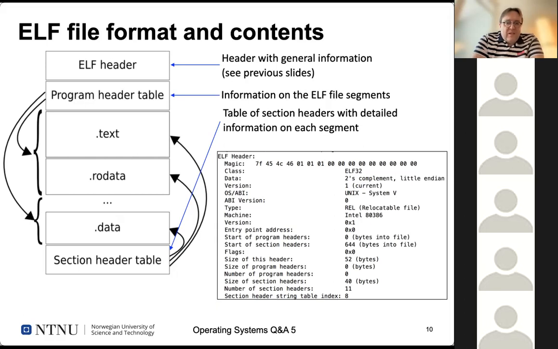In this case, they're used interchangeably. Text contains executable code, so machine instructions. Read-only data contains constants. Data contains global variables which can be changed. There's also BSS for uninitialized global variables which are initialized to 0, and so on.